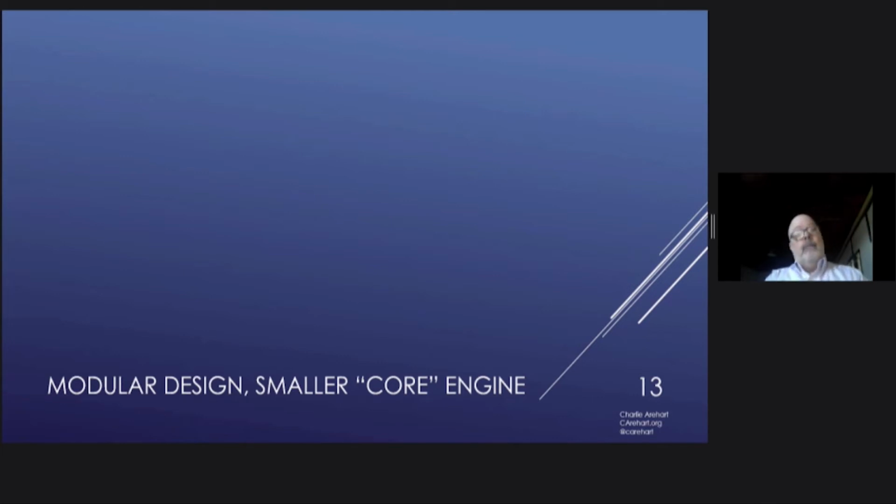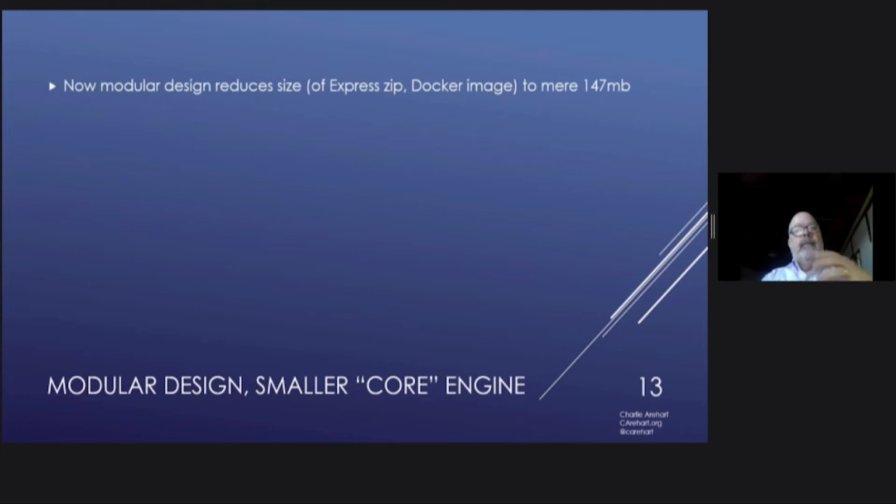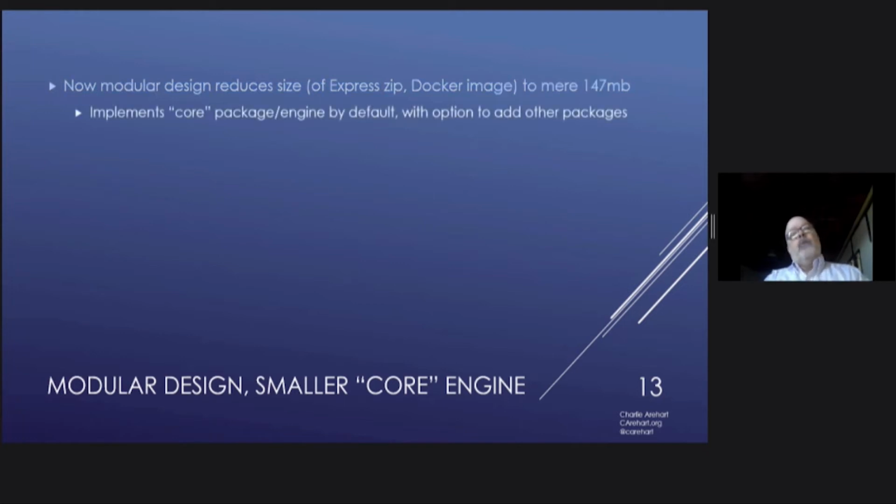All right, so now moving on to how CF is made smaller, this Express zip approach, and the Docker images are now really small, down to nearly 150 meg only. We're used to being nearly a gig for the ColdFusion installers. So what they do is implement a core engine with some core packages by default, and then you have the option to install other packages and modules.